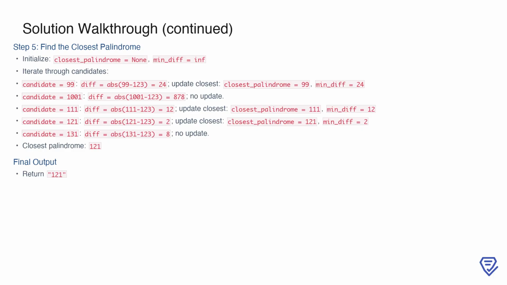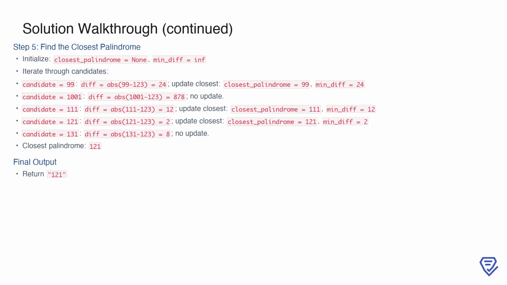Next, we check 1001, where the difference is 878, which is much larger, so no update is made. Then, we check 111, where the difference is 12, which is smaller than the current min_diff, so we update closest_palindrome to 111 and min_diff to 12. For 121, the difference is 2, which is even smaller, so we update closest_palindrome to 121 and min_diff to 2.